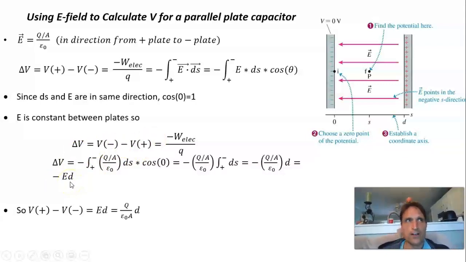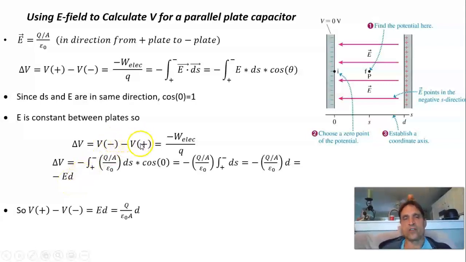Therefore if we flip it, because usually we want the potential difference as V plus minus V minus, it's just positive Ed, which is equal to Q over epsilon naught A times d.